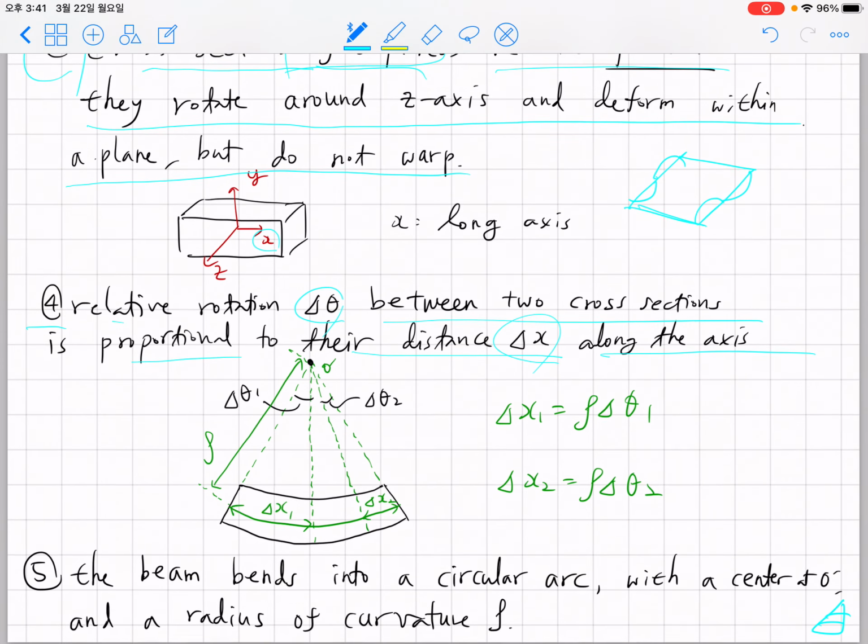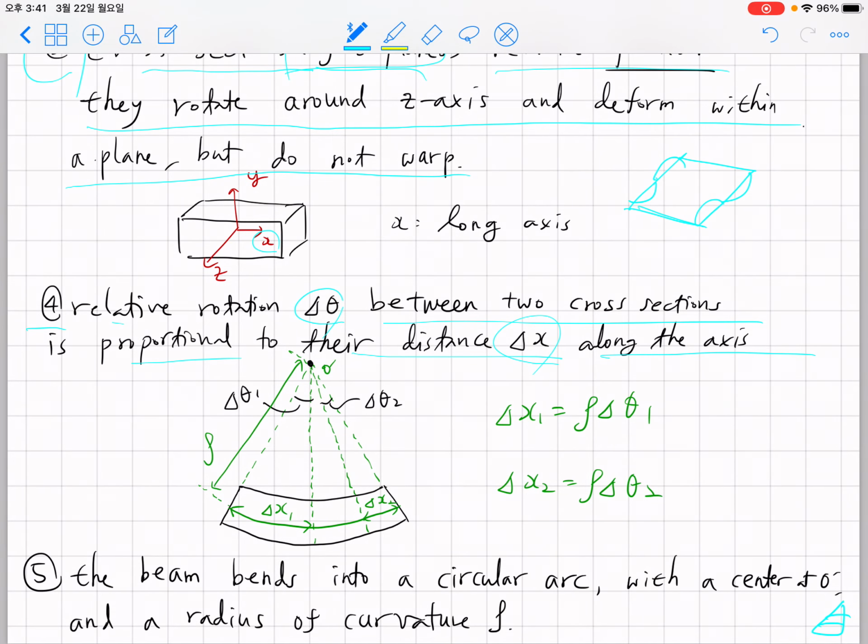Okay. So what I mean by this fourth sentence is, when you take delta x1 this long, or delta x2 this short, then you can think about the rotation angles delta theta 1 and delta theta 2, which point to the same point. Of course, this angle must be proportional to delta x1.